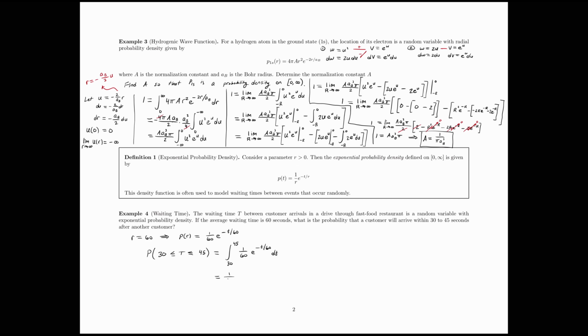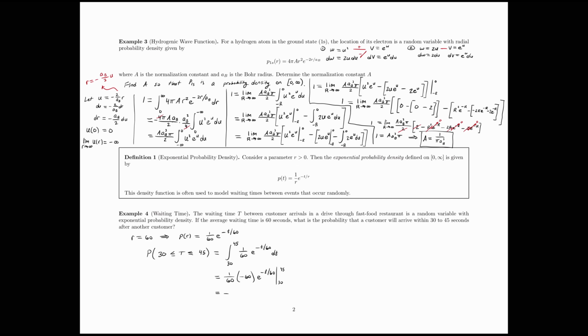Well, if we integrate this, we will have to divide by negative 1/60th, which is the same thing as multiplying by negative 60. So this is 1/60th times negative 60 e to the negative t over 60 between 30 and 45.